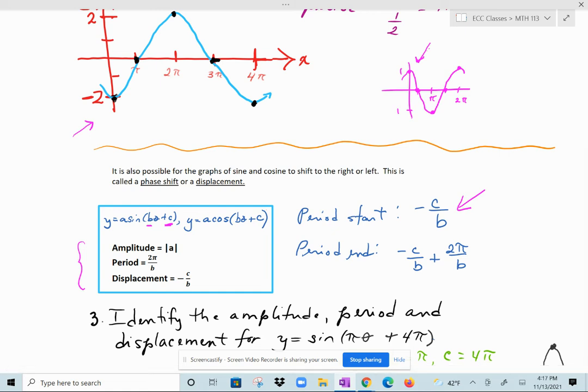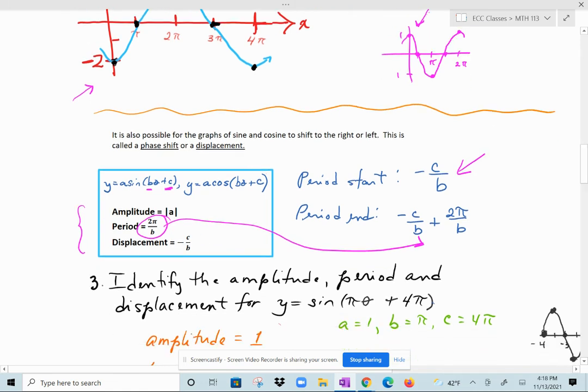And then it's going to end when you add the period to that phase shift. So remember, the period is 2 pi over b. You add that value to the negative c over b, and that will give you the end of the period. If you know the beginning and end, then you'll be able to sketch the entire wave.